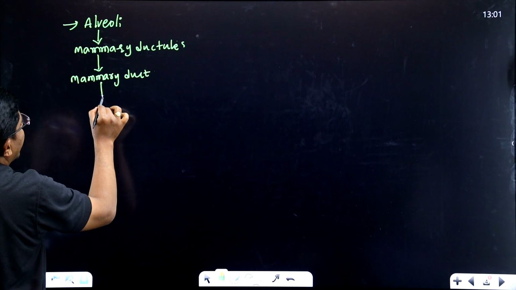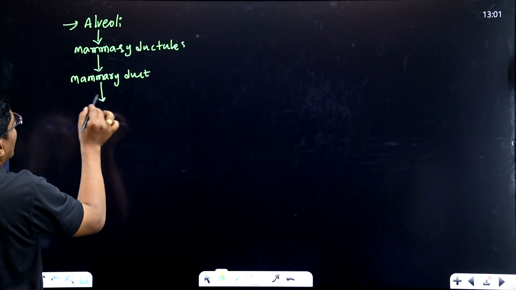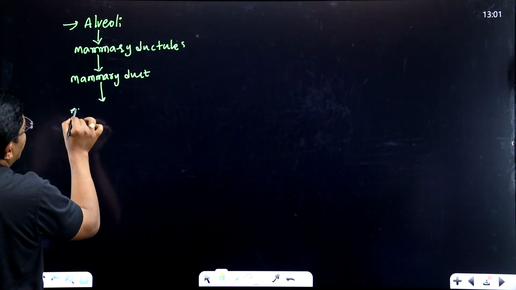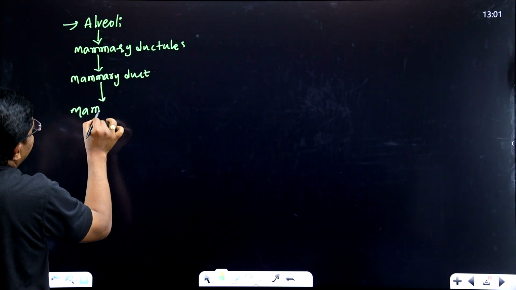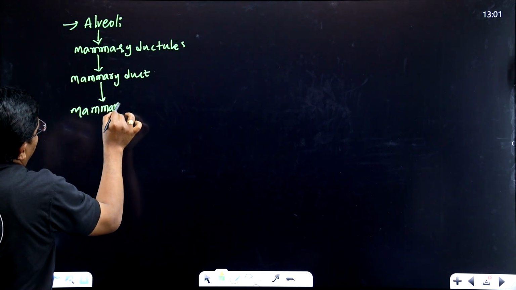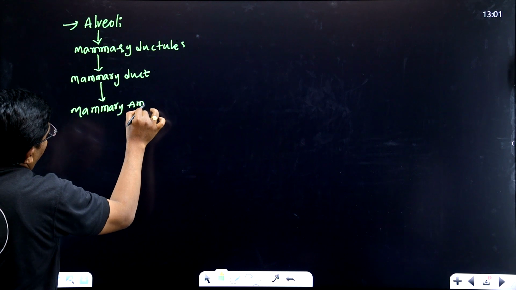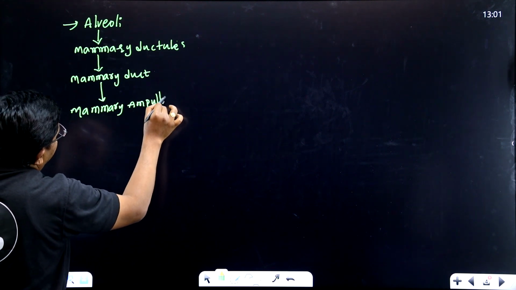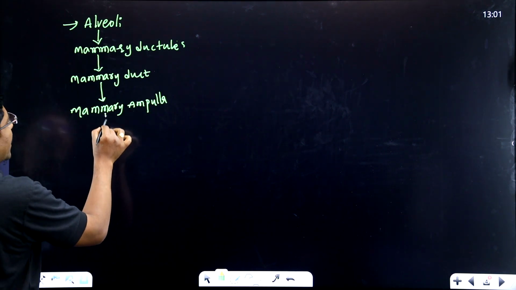The mammary duct opens into the mammary ampulla.